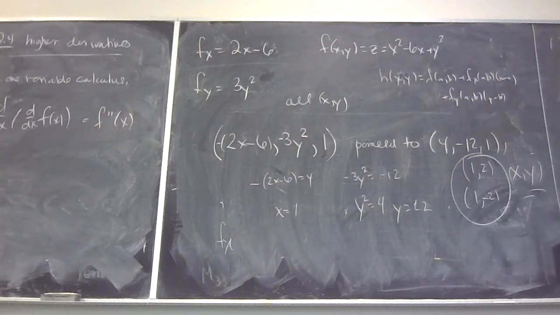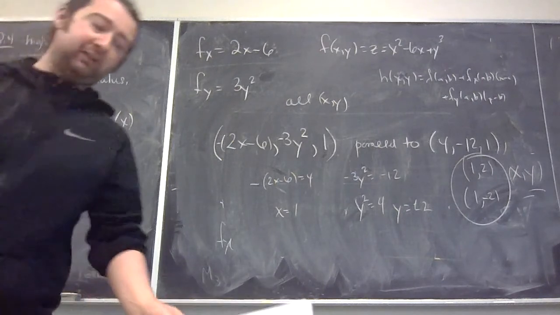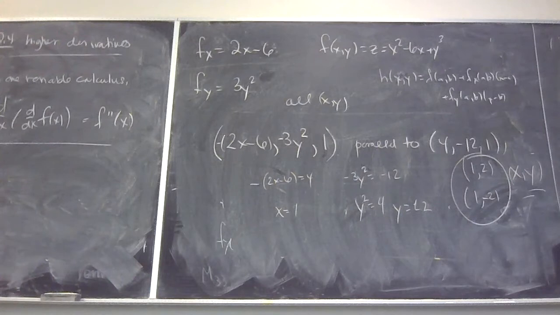Now, of course, in several variables, we have an issue, which is that there's lots of choices to make, right? The idea in several variables is that as we repeatedly apply derivatives, we have to keep track of what order we do it in, what we're taking derivatives with respect to.